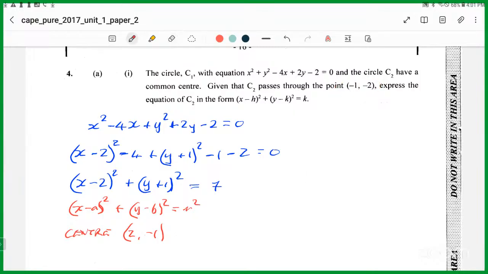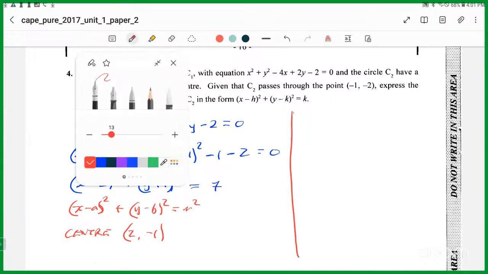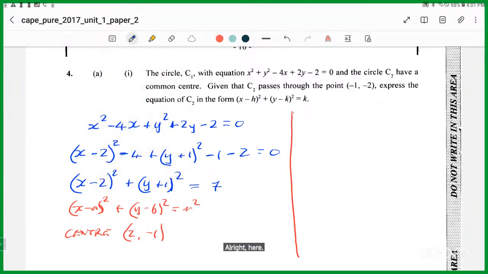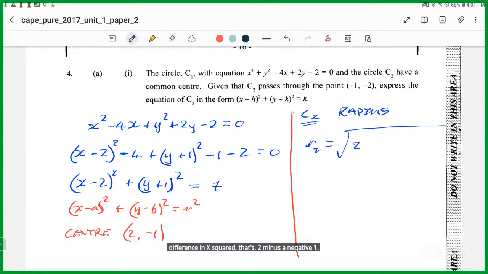Radius of circle 2. So can I write here, circle 2 radius R2 is the distance between this point and this point, which is the square root of the difference in x squared, that's 2 minus a negative 1, squared, plus the difference in y squared, 1 minus a negative 2, squared.